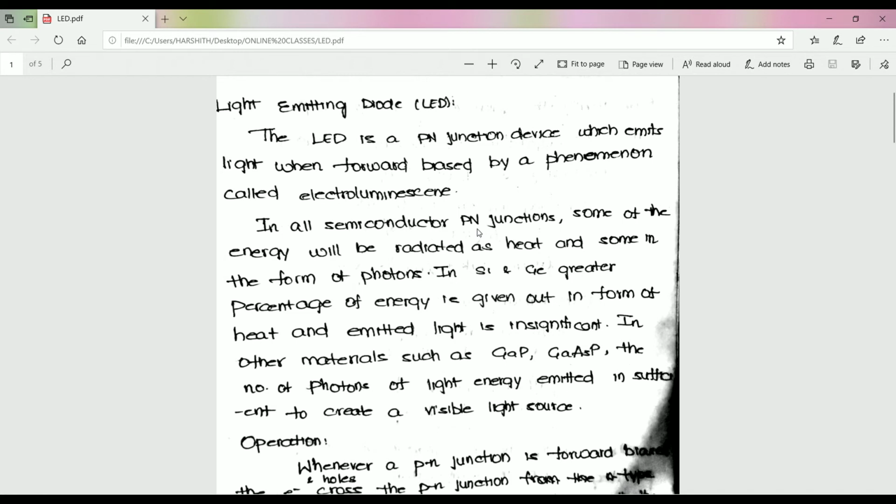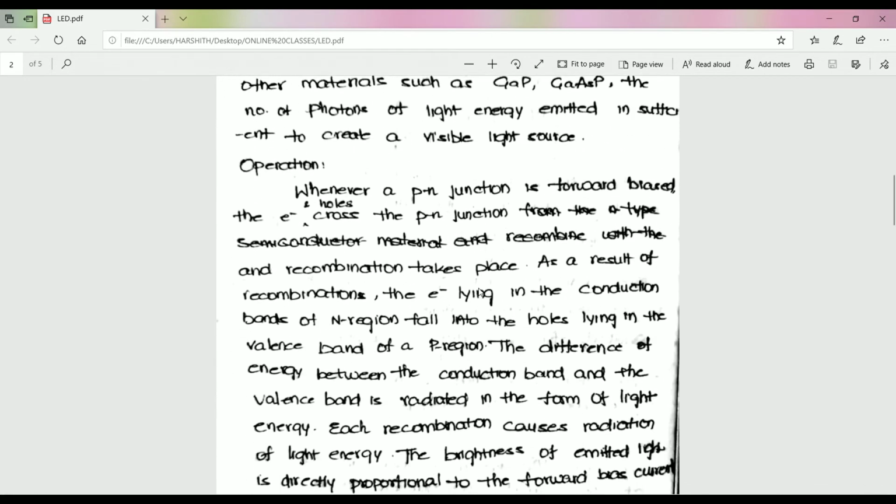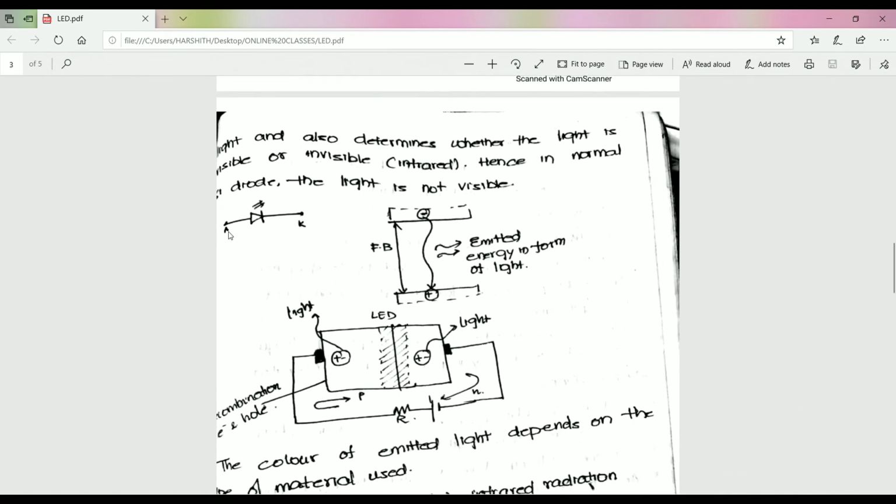So in this forward biased condition the light is emitted. The LED is similar to the PN junction diode apart from the two arrows indicating that the device emits light energy. A normal PN junction diode is like this, anode and cathode terminals. The LED has the additional two arrows indicating that the device emits light energy.